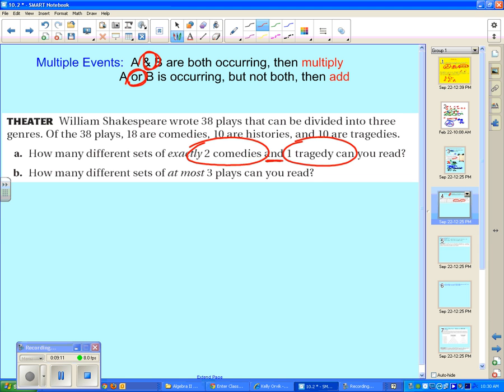How many do I have to pick from? 18. And I'm picking 2. 1 tragedy: I have 10 to pick from, and I'm picking 1. Do I add those or do I multiply? Multiply. And you should, if you put that into your calculator right, get 1,530.